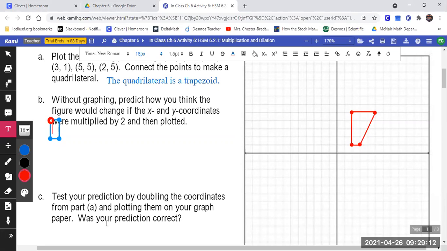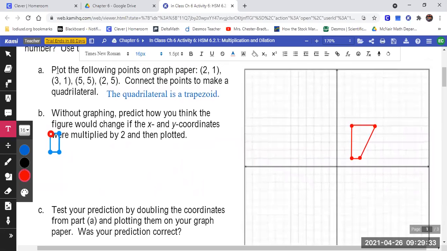What do we think is going to do to the figure, the original shape that's on the graph?